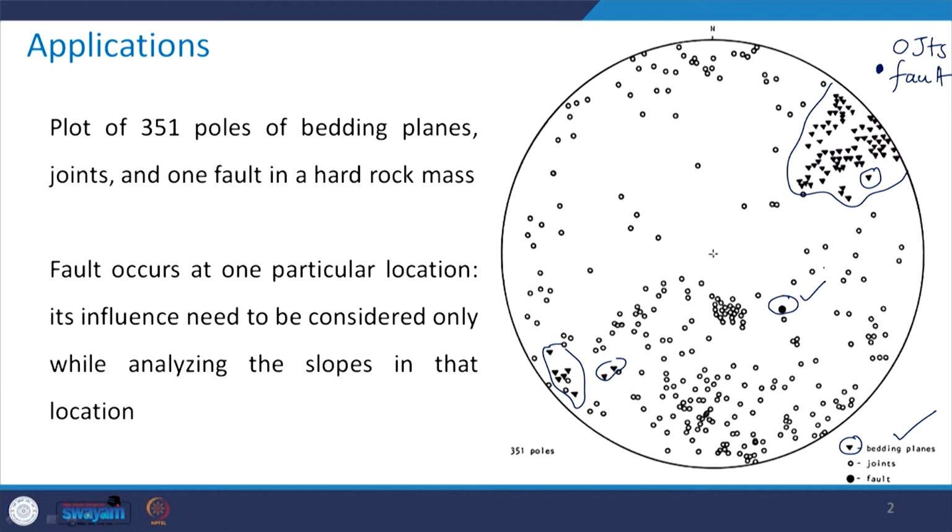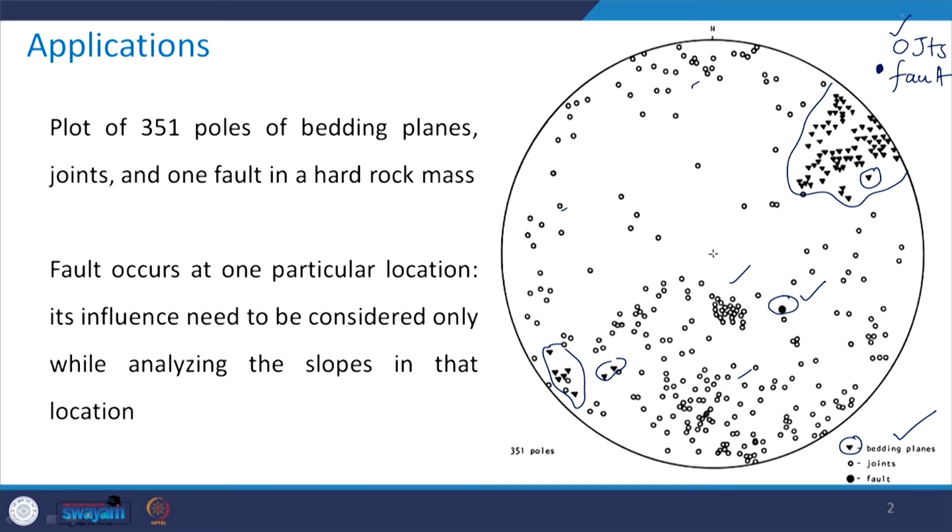And then you can see that joints are all over the place, that means everywhere these circles, that is joints, are there. Now, how have we plotted these?